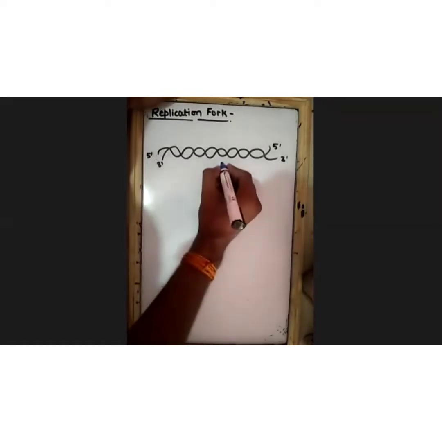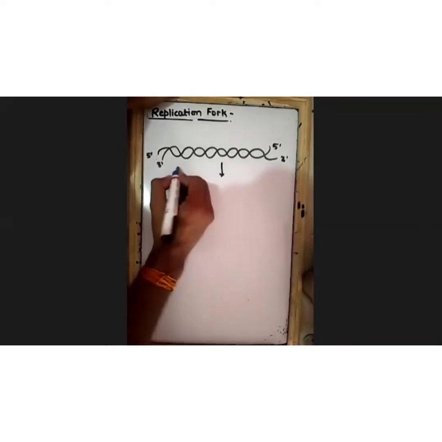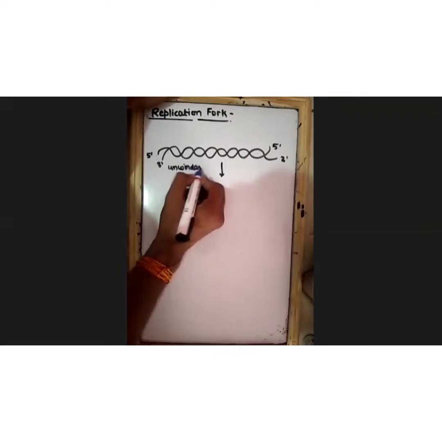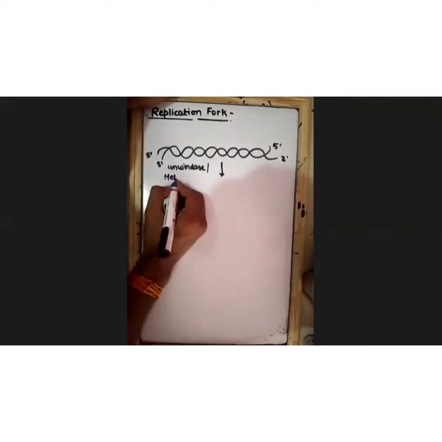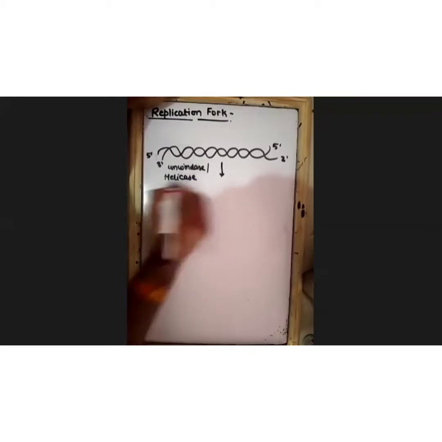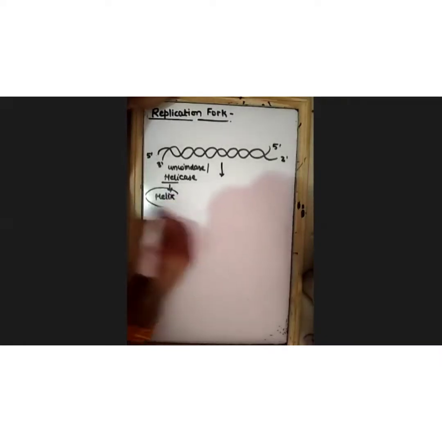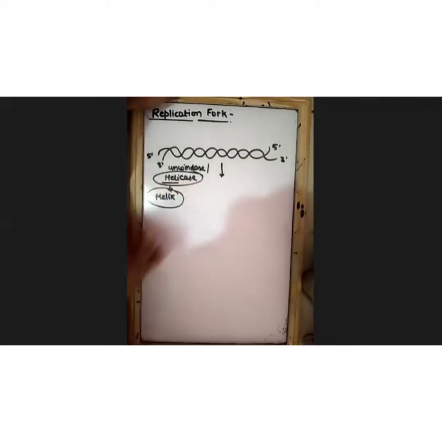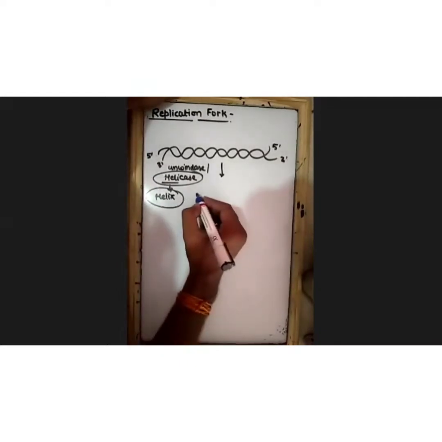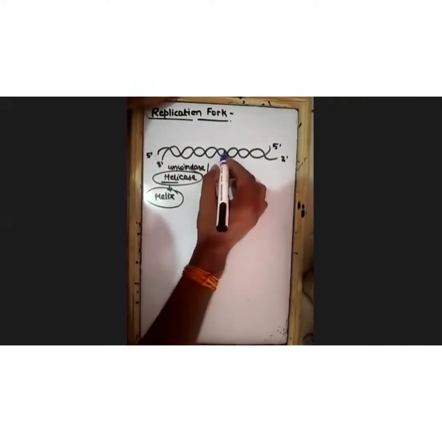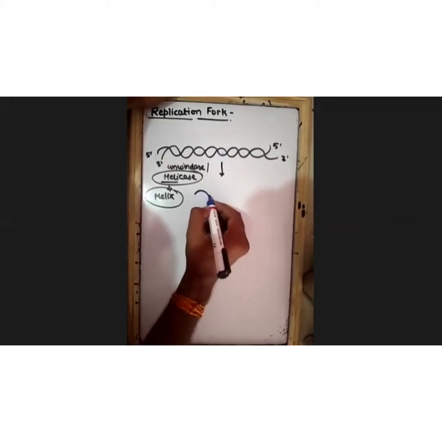So we need an enzyme known as unwindase, or helicase. Heli means helix. The helicase enzyme will act on the helix of DNA. It will act like a scissor. Now it will cut the DNA. Assume that it cuts the DNA from this point. Now it will form a structure like this.